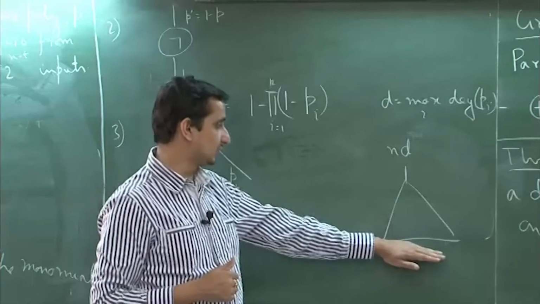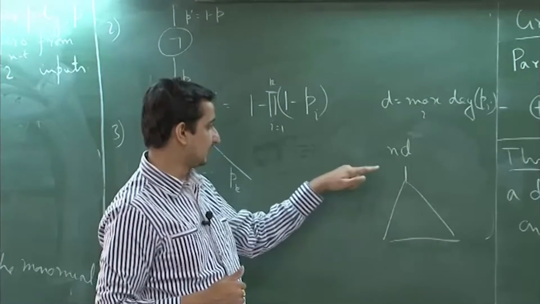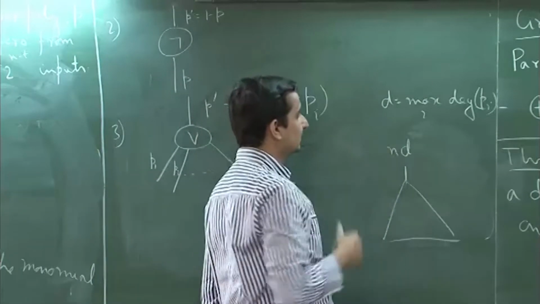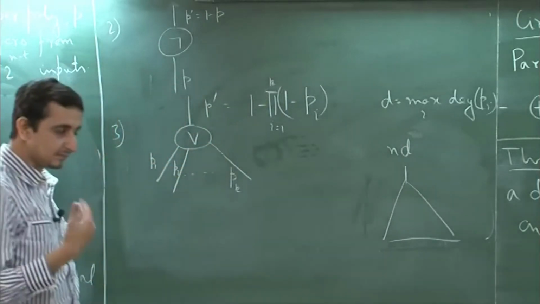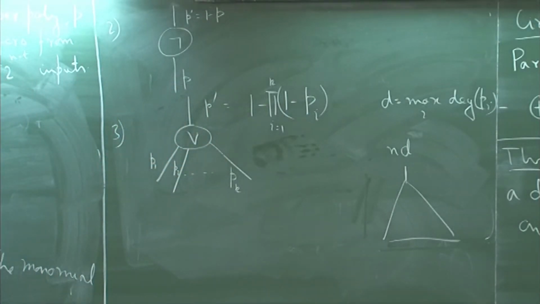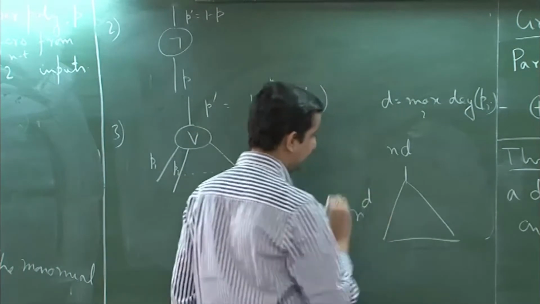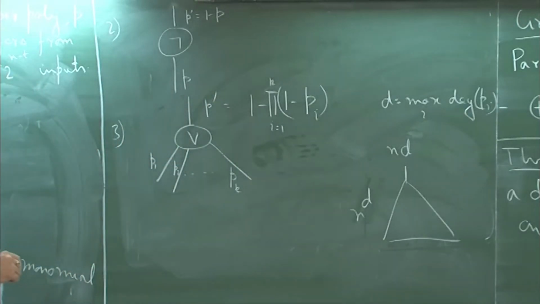Okay. So, we start with 1 and we have a depth that is equal to d. So, finally, what can it be? It is n times n times n times n. So, it can go up to n to the power d. Okay. So, this is quite large.